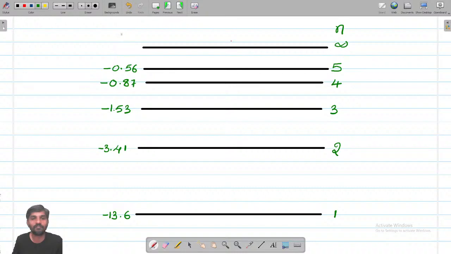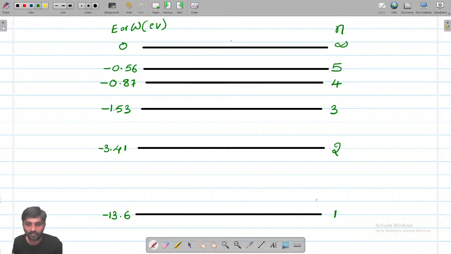And for n is equal to infinity, you have 0. This is going to be energy, E or W, in electron volts.